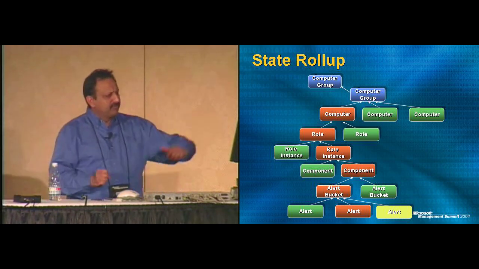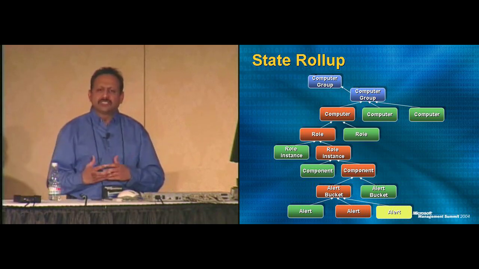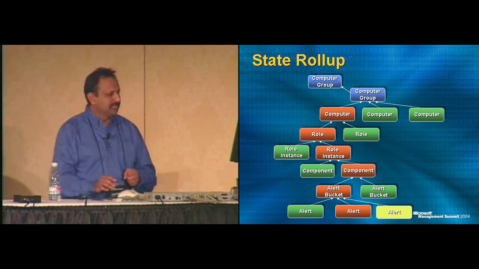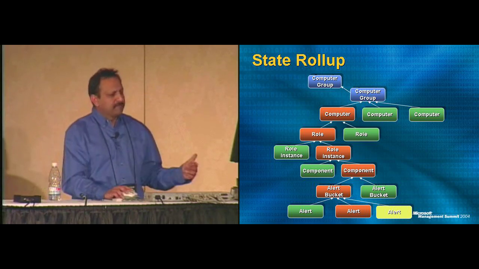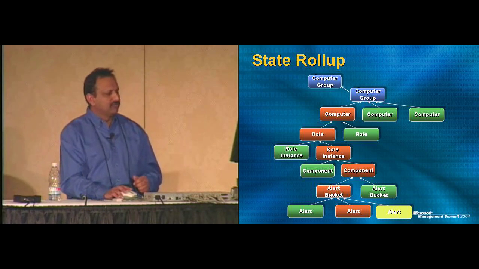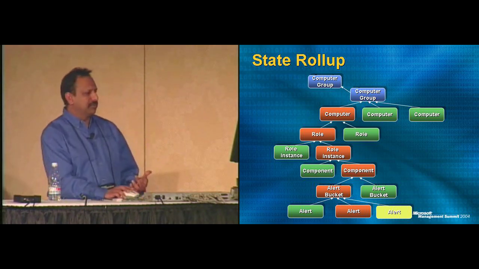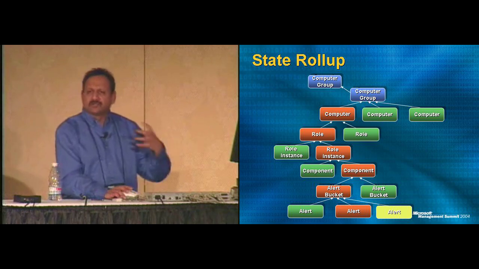And at the bottom level, all these, up to the computer, what you'll see is we go by the logic of worst case severity. So let's say I've got an alert which is already inactive, resolved. I've got 2 active ones, one warning and one critical. That thing will roll up to this bucket here as a red alert or a critical alert.